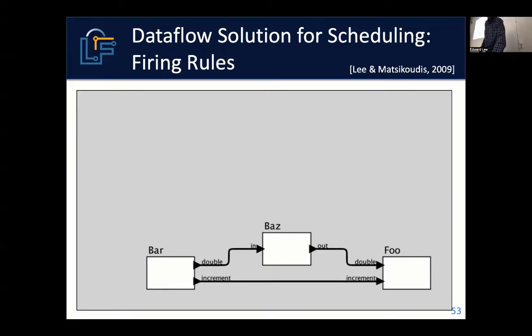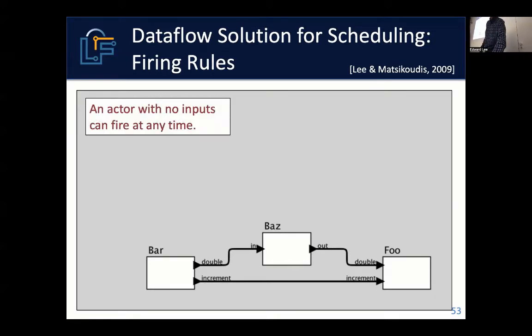And the firing rules are about the availability of inputs. Okay, so in particular, if you have a data flow actor with no inputs, it can fire at any time. So you fire it, it produces outputs, and those outputs then potentially enable other actors to fire.